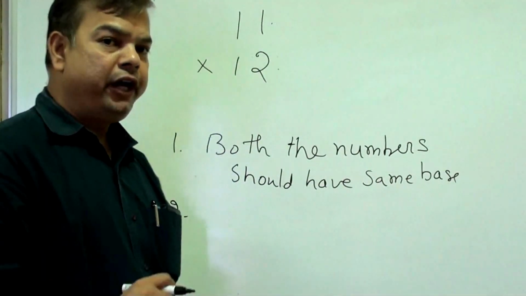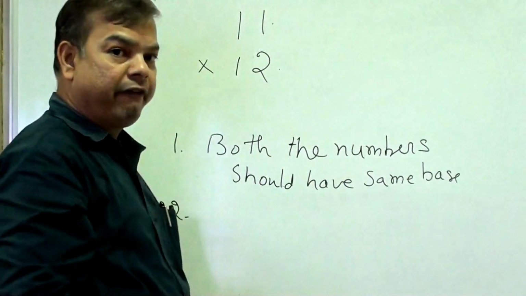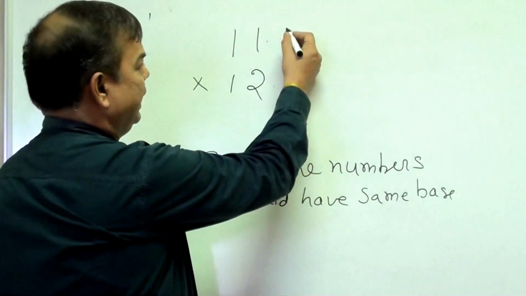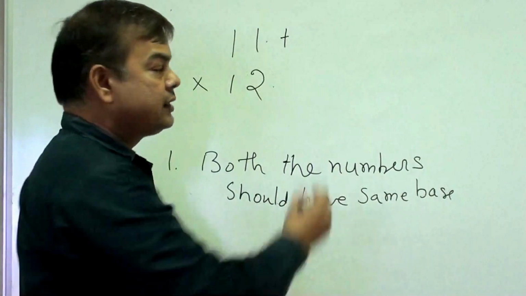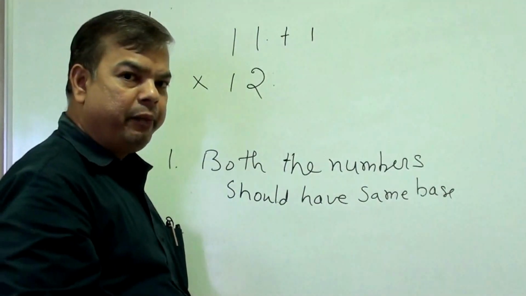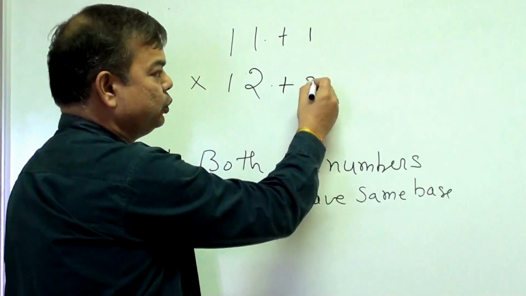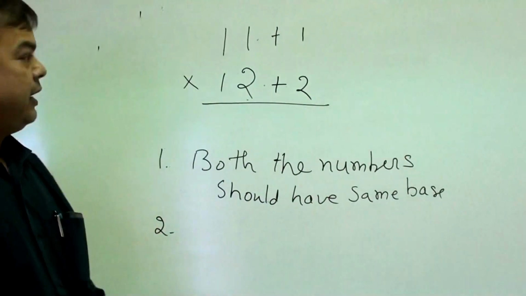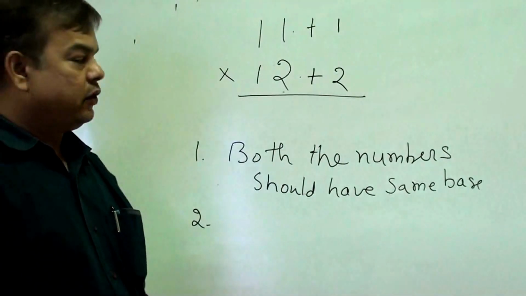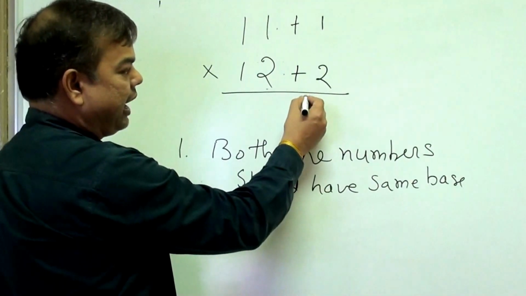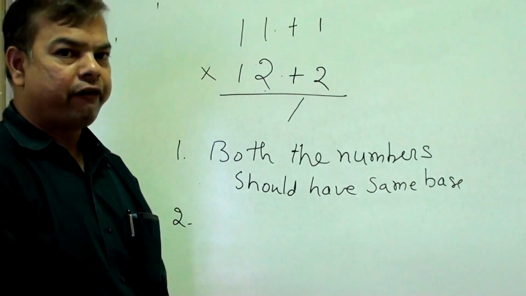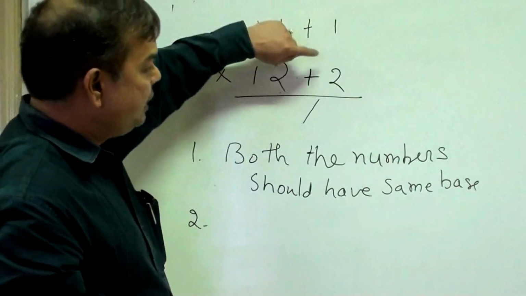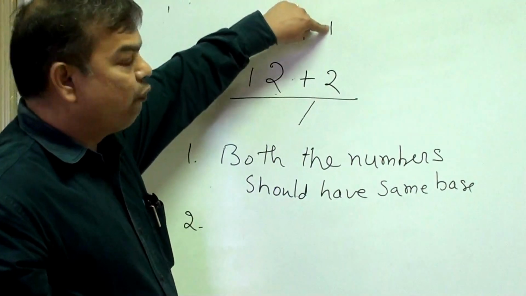Now what we need to do is, we will again write 11 as we have learned in the previous session. So 11 can be written as 11 plus 1. 12 can be written as 12 plus 2. That is 12 is 2 more than 10. Now in this particular case, after writing like this, we will simply write this forward stroke, and what we will do is, we will multiply this 2 with 1.